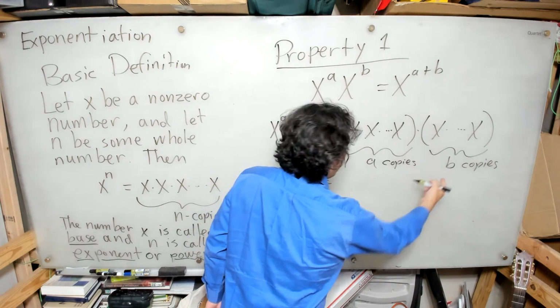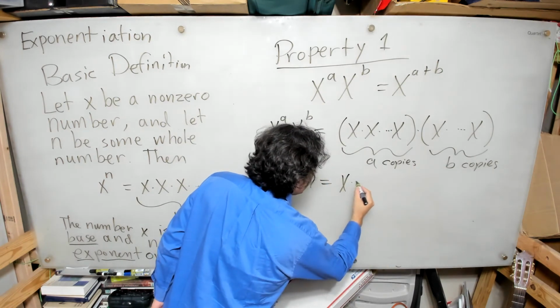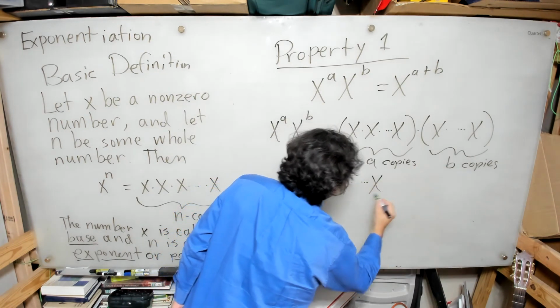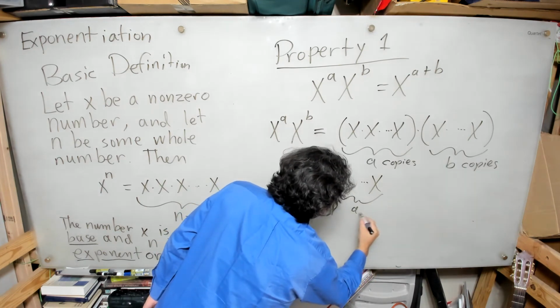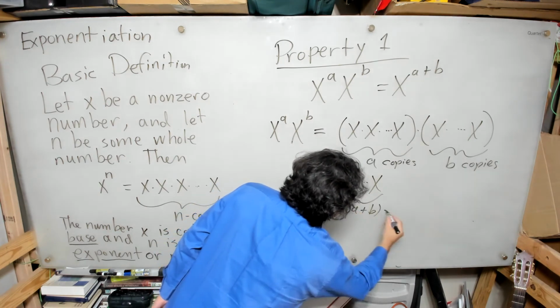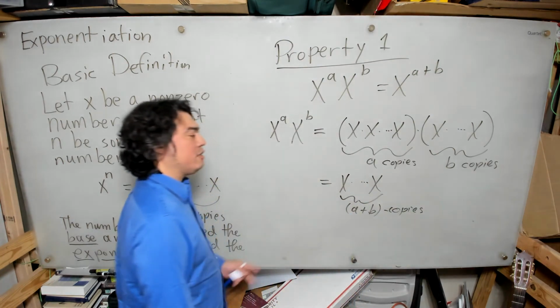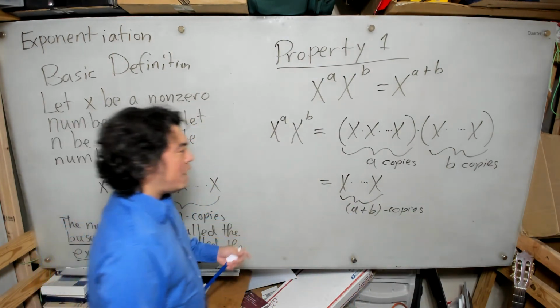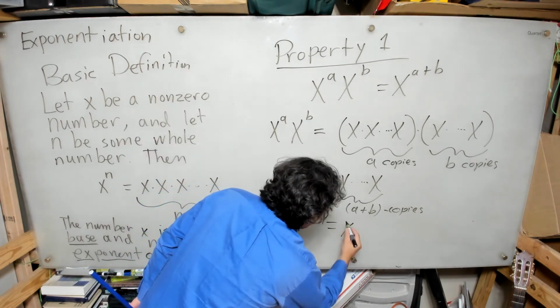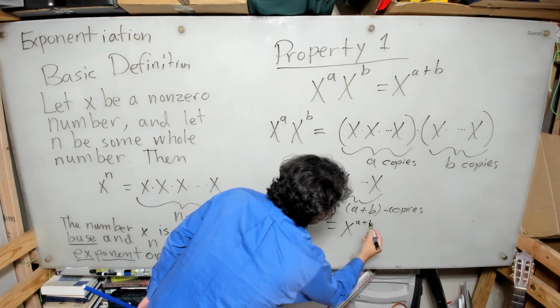A plus b copies. So here I would have x times dot dot dot times x, where there are a plus b copies of x being multiplied together. But what is that? That's nothing but x to the a plus b.